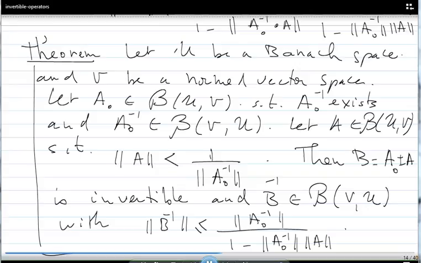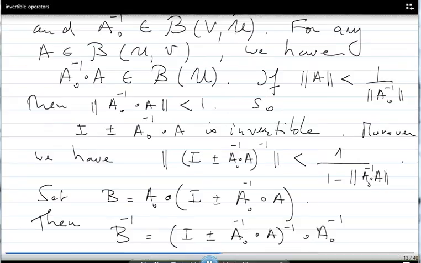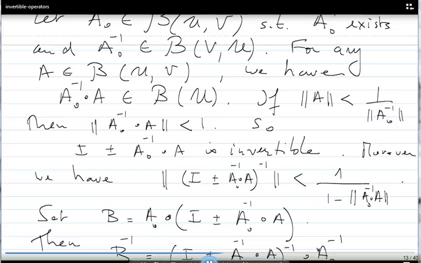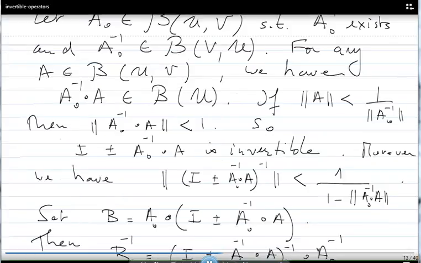Let's go back to the operator B. So B was equal to this.